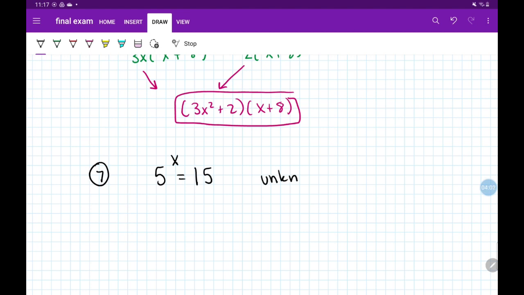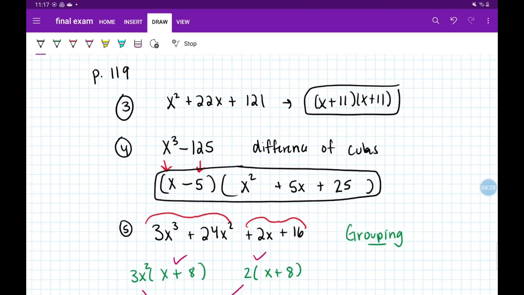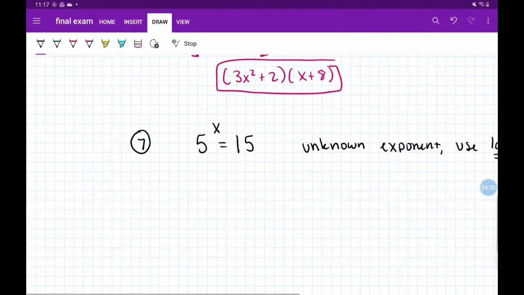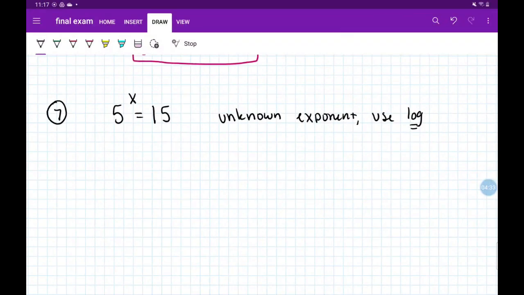All right, we have an unknown exponent. We'll have to use logarithms. So we'll have to write log on both sides.